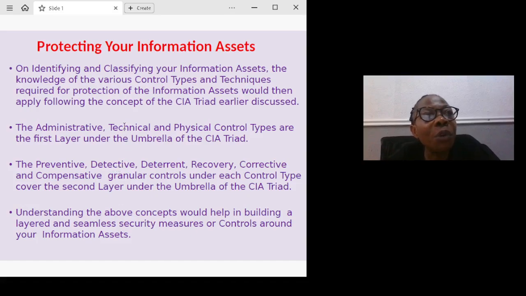For example, most organizations will go to your databases or your core application to build a password policy, to make sure that the password does not exceed 30 days, and then it expires and you change your password.